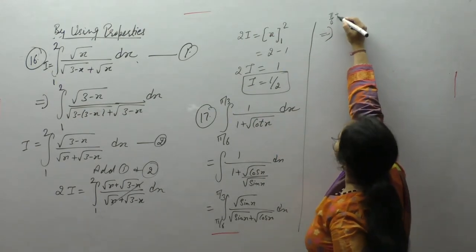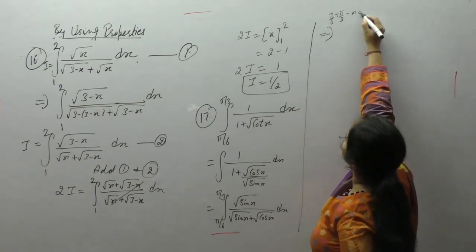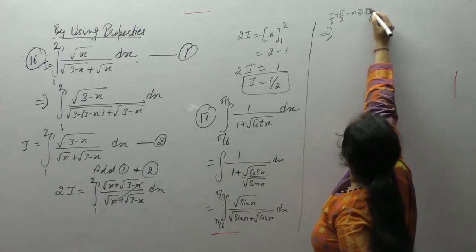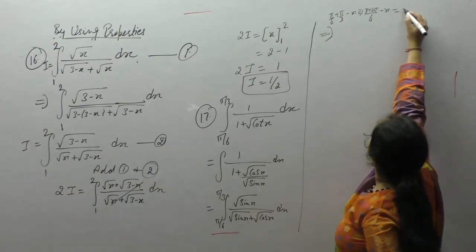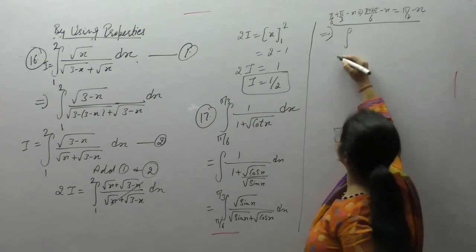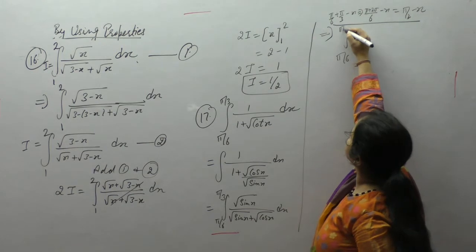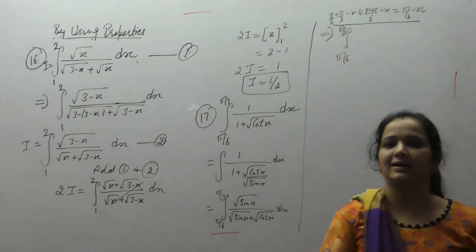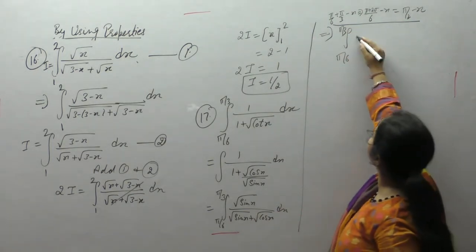So pi by 6 plus pi by 3 minus x, 3 pi by 6, that is pi by 2 minus x. So the function, instead of x, we write the value as pi by 2 minus x.